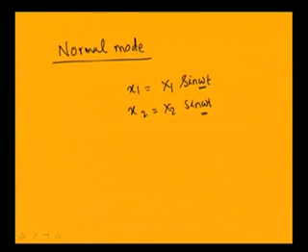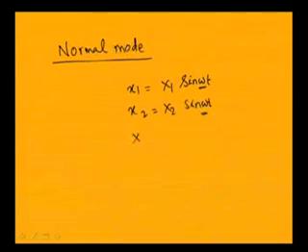In case of normal mode we are assuming that all the particles of the system are moving with the same frequency and passing through the equilibrium position at the same time. For a multi degree of freedom system we can extend this idea from the 2 degree of freedom system and write the normal mode for x3, x4, x5 in that way. So small x3 equals capital X3 sin omega t.